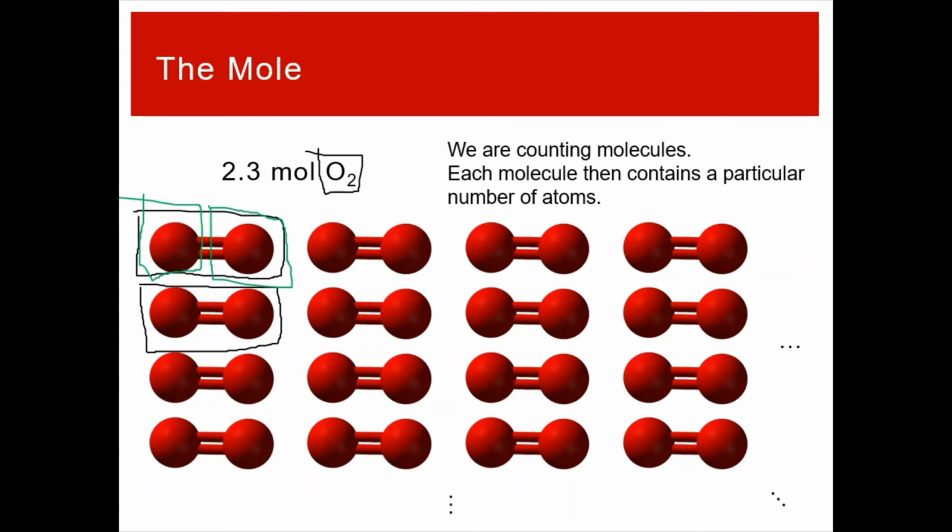I want to count each individual atom. I don't care how the atoms are paired together. I just want to know how many total atoms I have. And so that's why it can't just be converting from moles into molecules. We have to do another step of going between molecules and their component atoms.